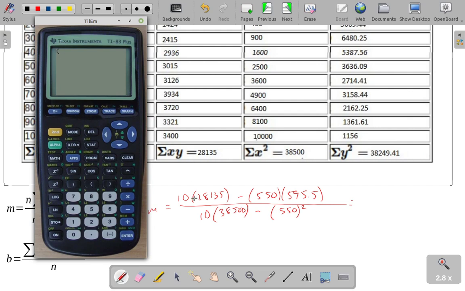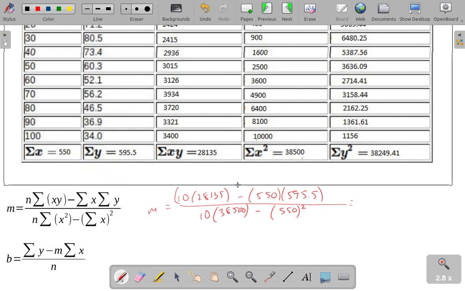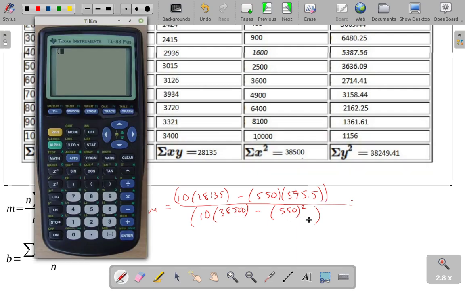There we go. Since I'm plugging this into the calculator, I'm doing this by, well, arguably by hand. Obviously, I could do that on this calculator, but I'm wanting to show you how it will work. I'm going to need to put parentheses around the top part of this and around the bottom part. You could alternatively compute those separately, but I'm kind of a fan of just doing it all in one line and adding the parentheses where they're needed.